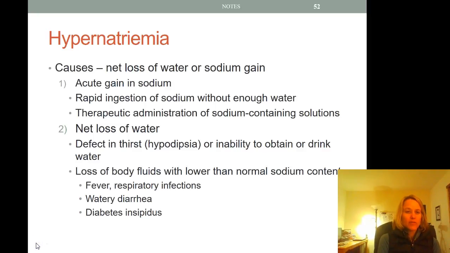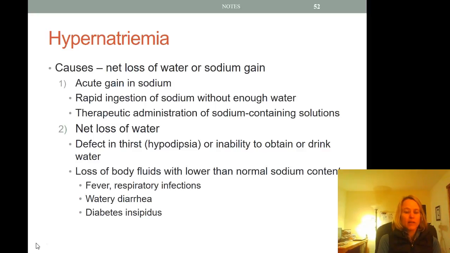Okay, so hypernatremia is caused by a net loss of water or sodium gain. We could have an acute gain in sodium with rapid ingestion of sodium without enough water, or, as I mentioned in the previous slide, therapeutic administration of sodium-containing solutions.